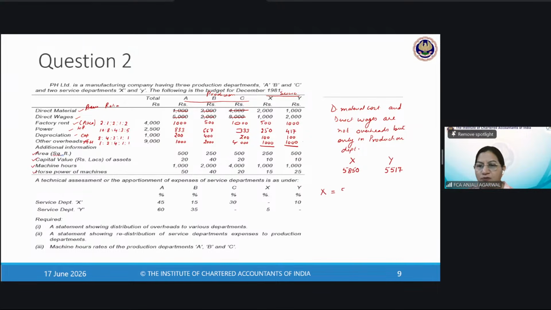So X is equal to what? 5,850 plus from Y, what is coming to X? 5%. 5% can be written as 0.05 Y. What is Y? 5,517 plus how much of X? Service department X, 10% of X.